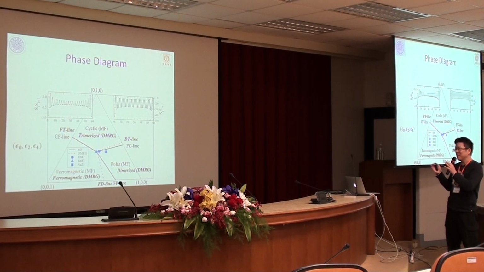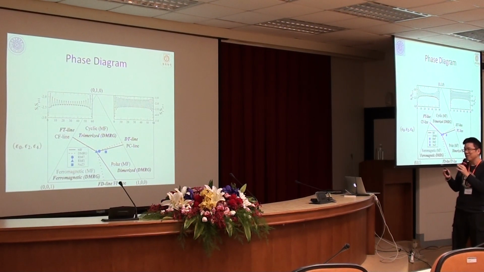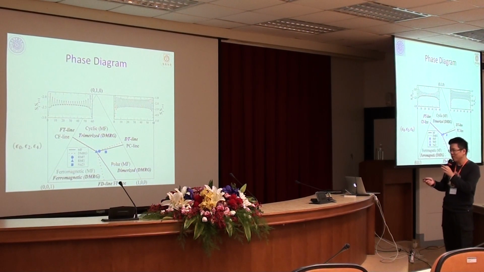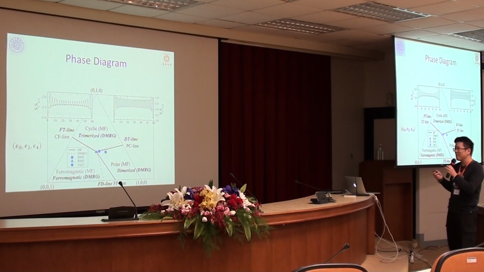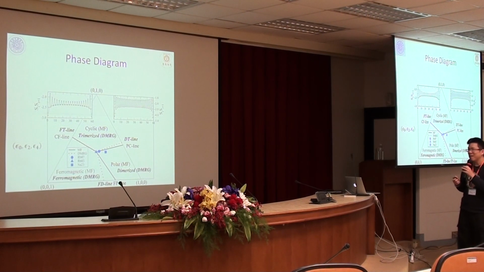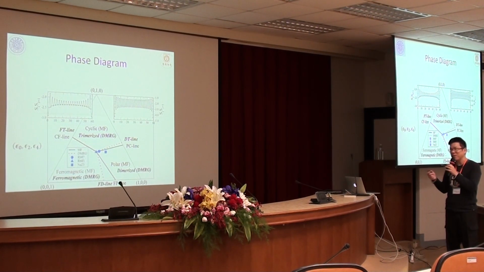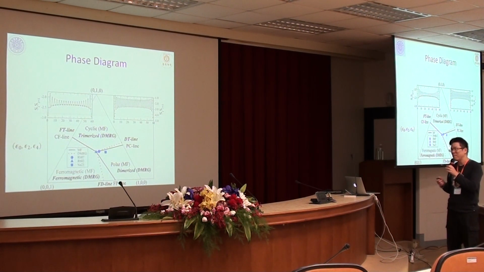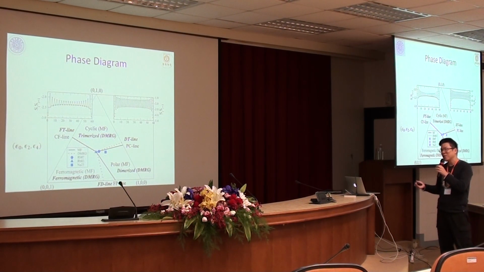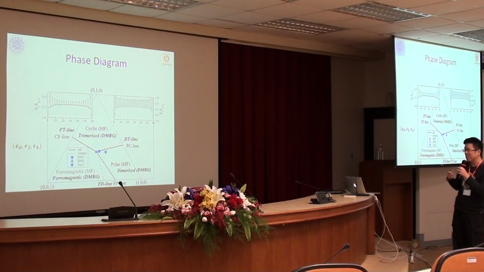So in the end, the system will become trimerized. But originally, suppose the ground state is dimerized. That means there must be a phase transition, so the gap must go to 0. So if you impose superlattices with different strengths and see if the system goes through a particular phase transition, you can determine whether the original ground state is dimerized or trimerized.